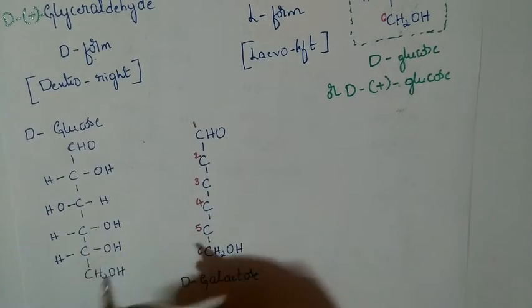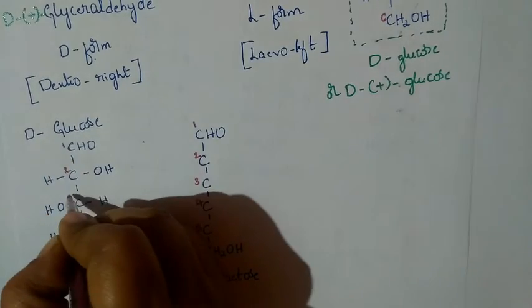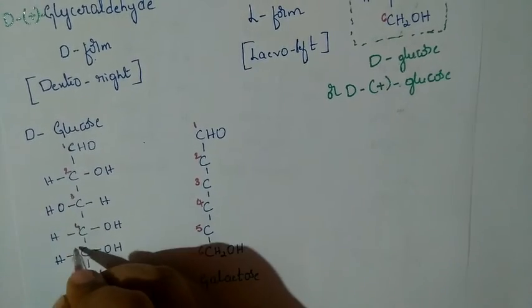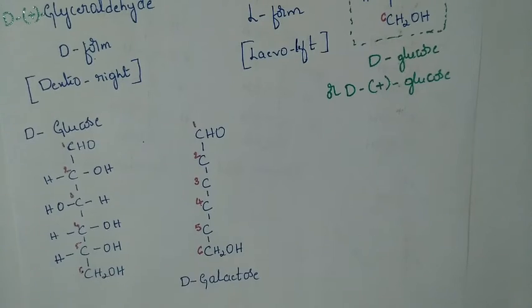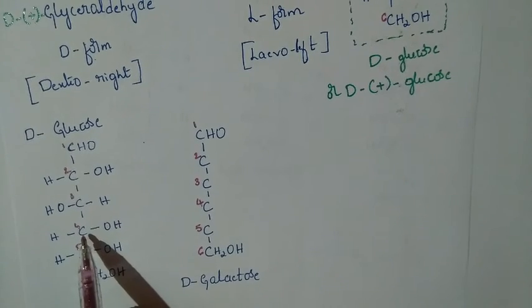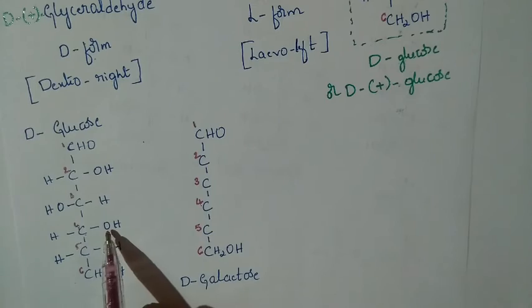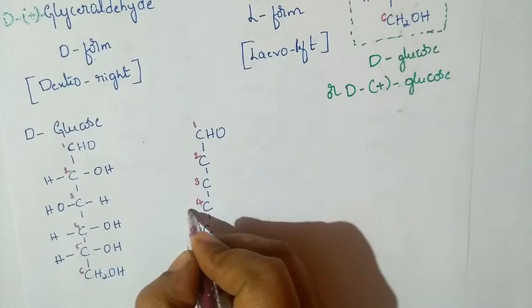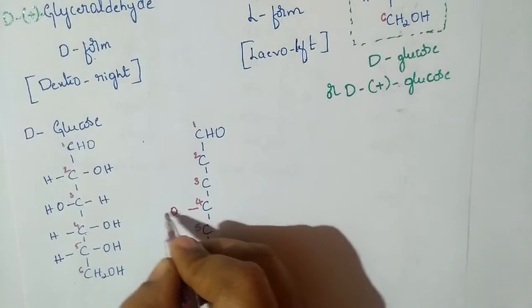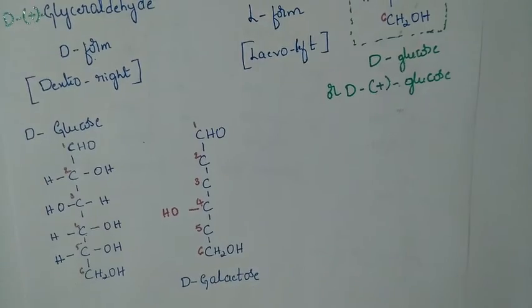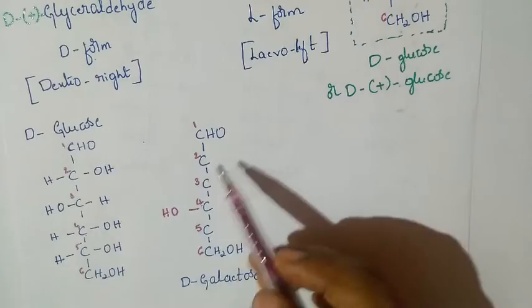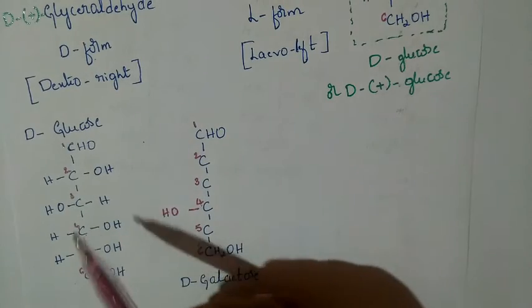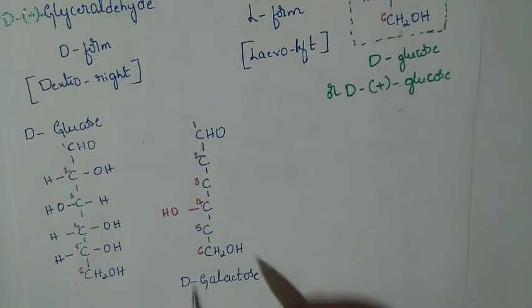If you check in glucose, this is 1, 2, 3, 4, 5, 6. The 4th carbon atom in glucose has OH on the right side, but in galactose, the 4th carbon atom has OH on the left side. That is the only difference. Everything else remains the same, whether it is the 2nd carbon, 3rd carbon, or 5th carbon.